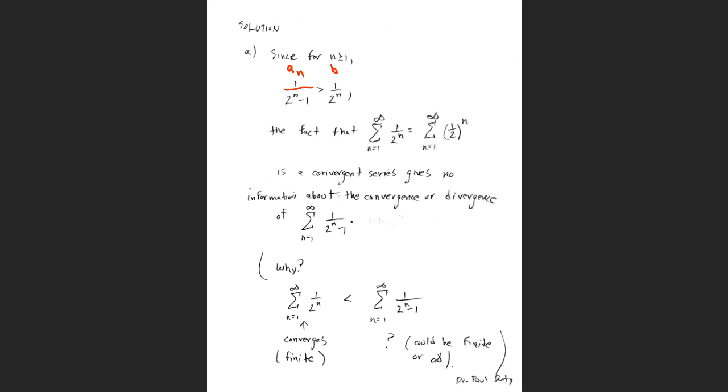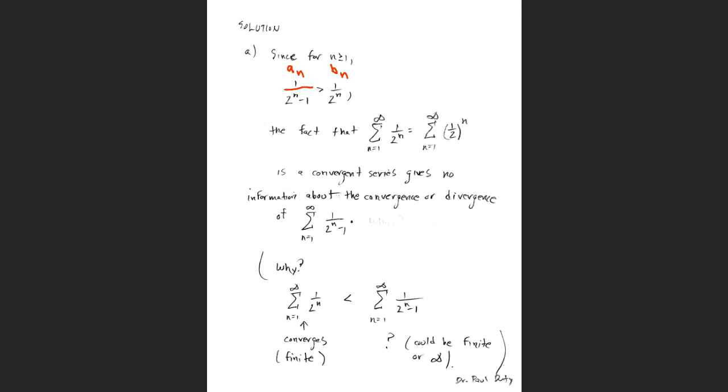And we're going to compare that term to the b sub n term, 1 over 2 to the nth power. It turns out that the terms in our series are greater than 1 divided by 2 to the nth power.